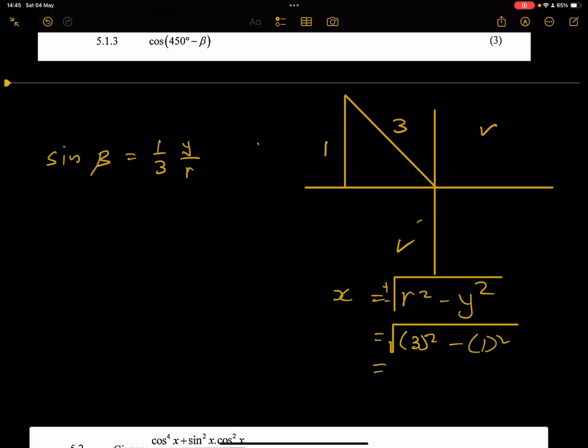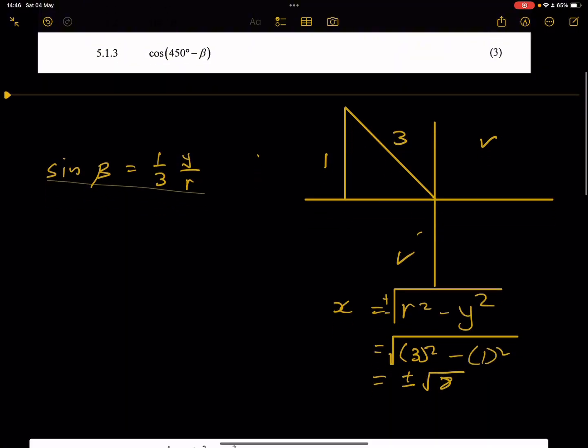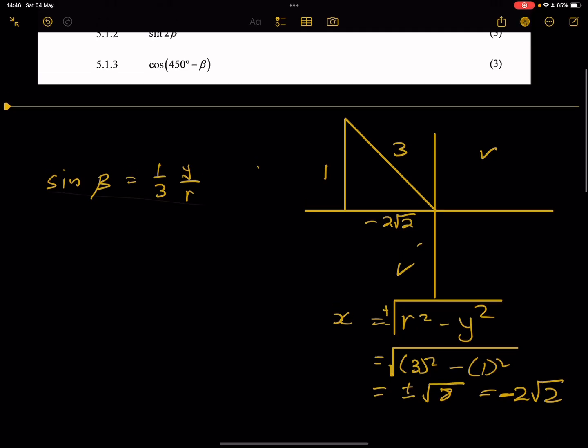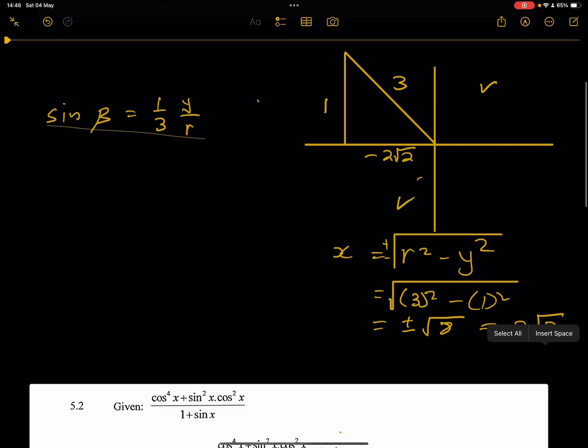So we get plus minus the square root of 8, which is 2 root 2 if you put it in your calculator. We have to choose which value we take. We take the negative value because we're in the second quadrant and we know that x is negative there. So that's minus 2 root 2.